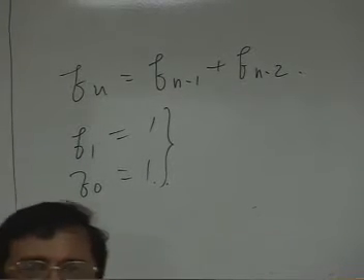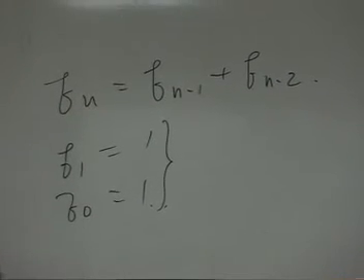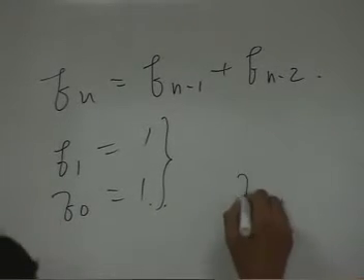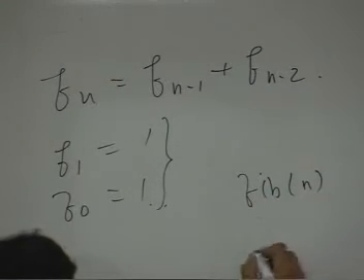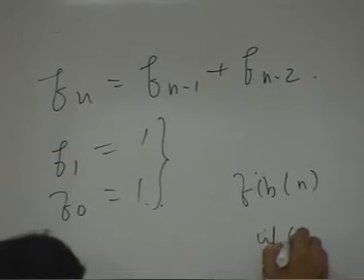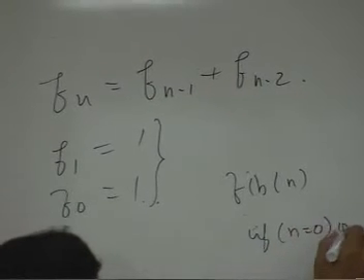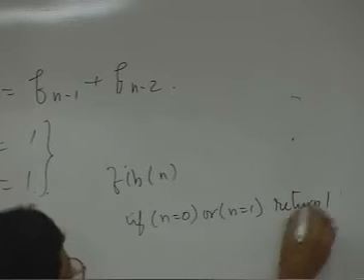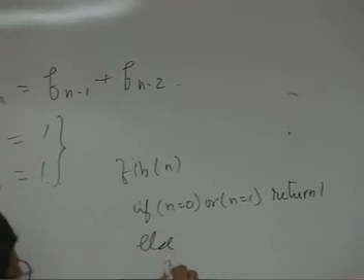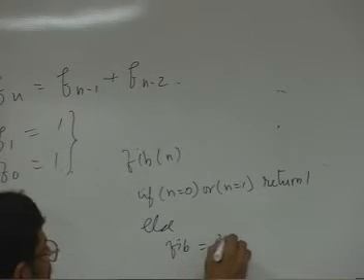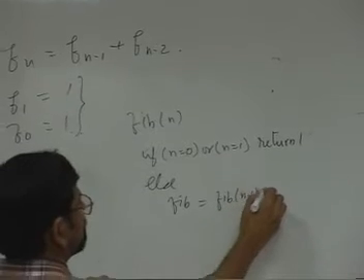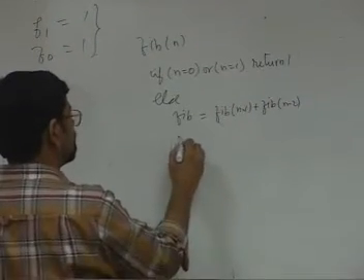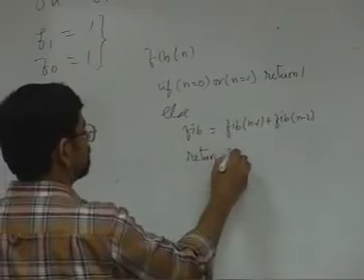Suppose you write a recursive program based on just this. How will you write it? Fib n: if n equals 0 or n equals 1, return 1, else fib equals fib of n minus 1 plus fib of n minus 2, and return fib.